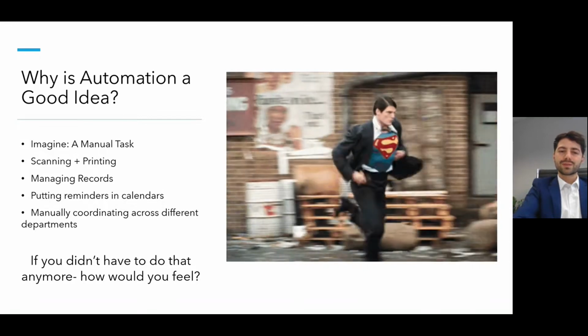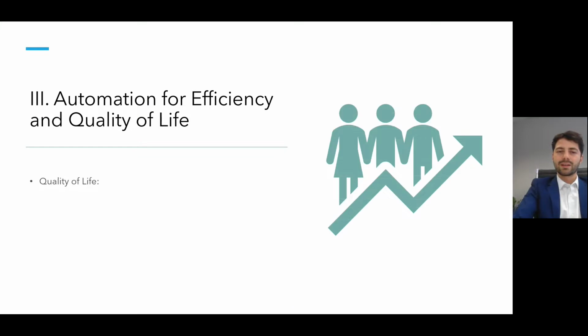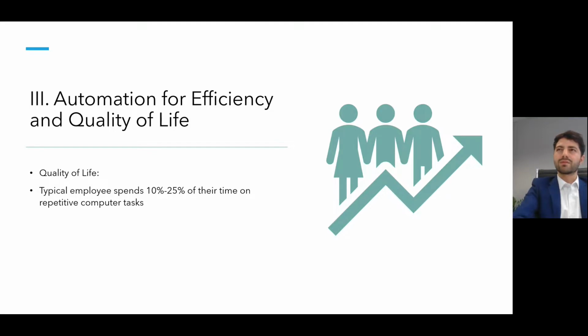So that's what it really comes down to, I think, that it brings quality of life to automate. If you imagine for a minute that whatever you were feeling just then, a typical employee might spend 10 to 25% of their time doing repetitive computer tasks, which could be similarly tedious, boring, or downright unbearable.